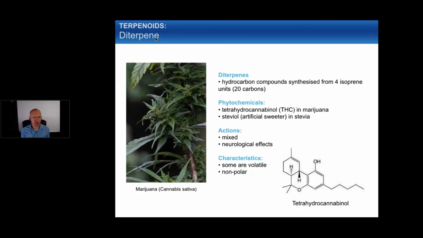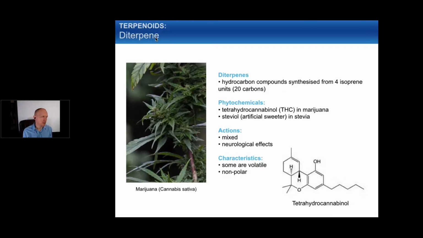Typically, the way that people extract THC from things is, for example, if they wanted to use marijuana in baked goods, if you're making cookies or brownies, you may take the plant and boil it in water with butter, and the THC, which is fat soluble, will go into the butter, because the butter will act as a solvent for the diterpenoids. And then you could cool it down, scrape the butter off the top, and it's a way that it can be extracted.